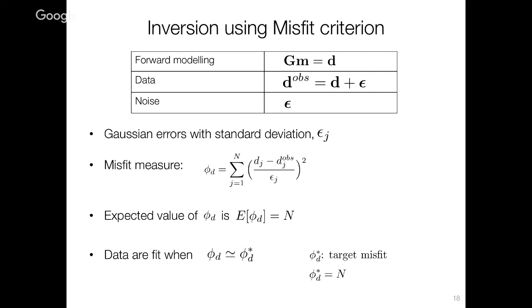And so therefore our misfit measure is this one. It's going to be the difference between the observed and the predicted value divided by our estimated uncertainty. So the quantity that we're going to estimate is the standard deviation of the observation, and we're going to use this as a total misfit.